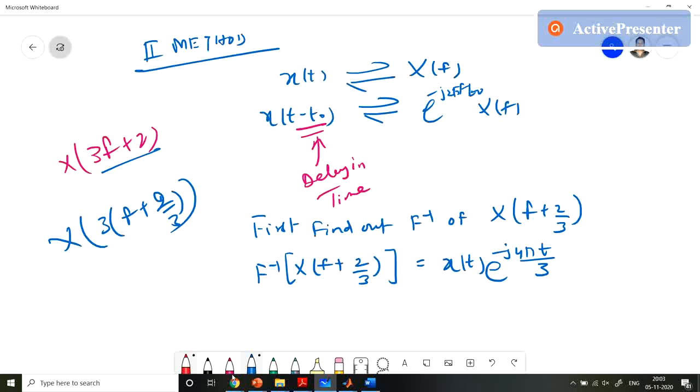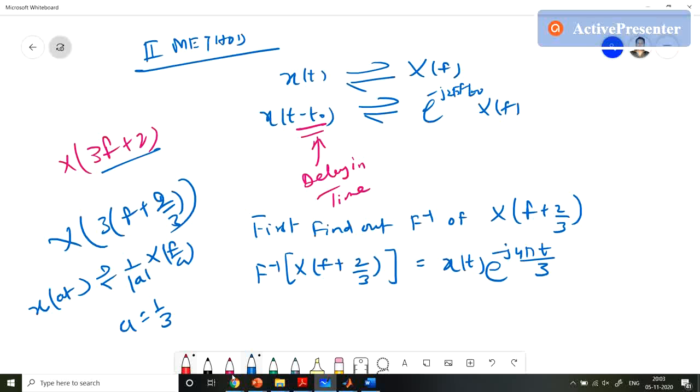Now we can see the scaling property. x(at) is equal to 1 divided by modulus of a times X(f by a). This is the scaling property. Please check this: the scaling variable a is 1 by 3.